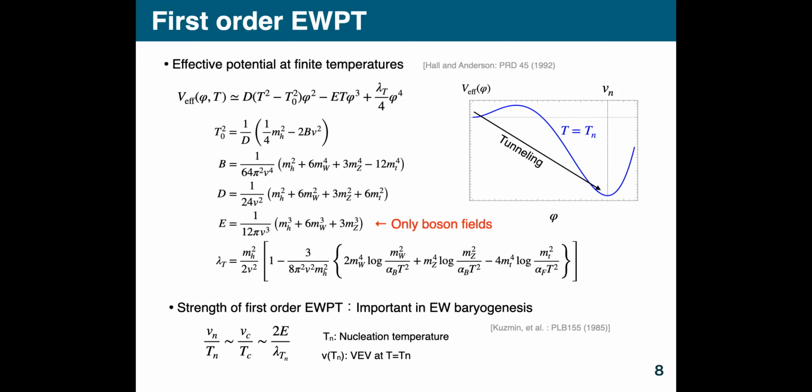So there's a limit to discussing whether the electroweak phase transition is first order or a crossover, by using the perturbative method.